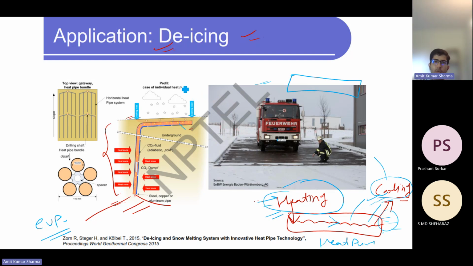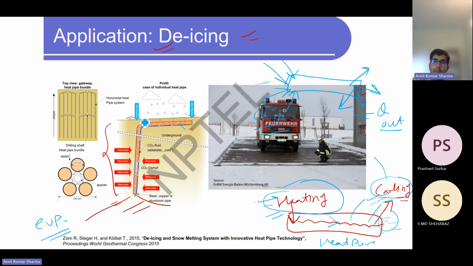This end you will absorb heat, and this end you will release heat. So basically, at the condenser end, you will be releasing heat. Okay, Q out will be there, and at the evaporator, Q in will be there.